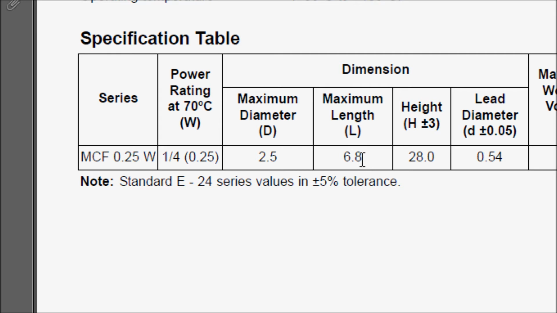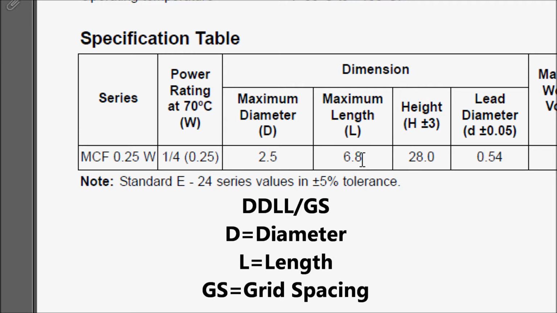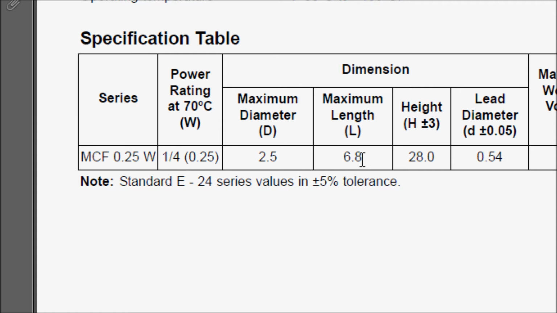So in the RCL library, resistors are named like this, where DD corresponds to the diameter, LL corresponds to the length, and GS corresponds to grid spacing, which is actually the spacing between the holes on the PCB where the resistor is mounted. Everything truncated in millimeter.